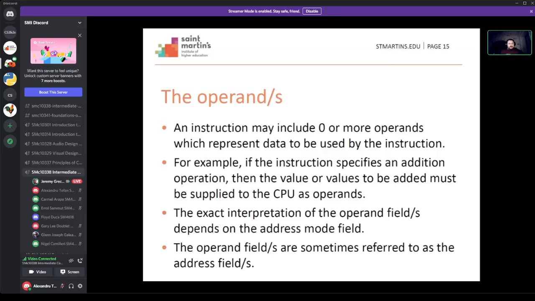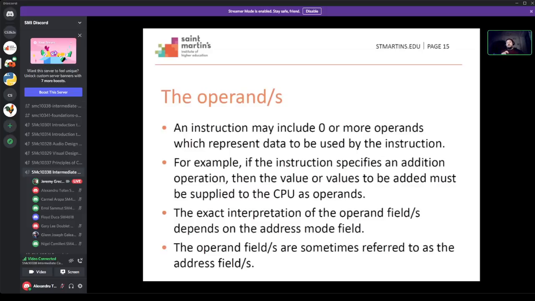However, we could also interpret that value rather than as data, as a memory address. So rather than say, I am going to be using the value 5, I am going to be using the value stored in memory location 5. Okay, so that is the difference.